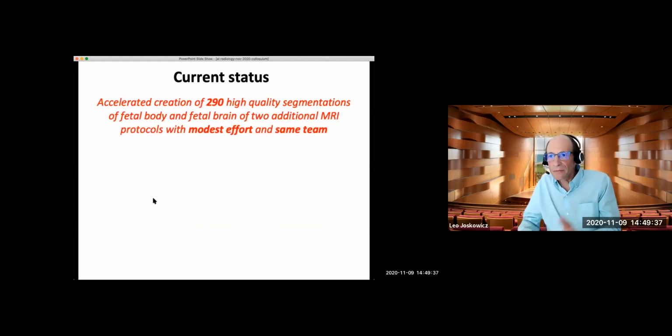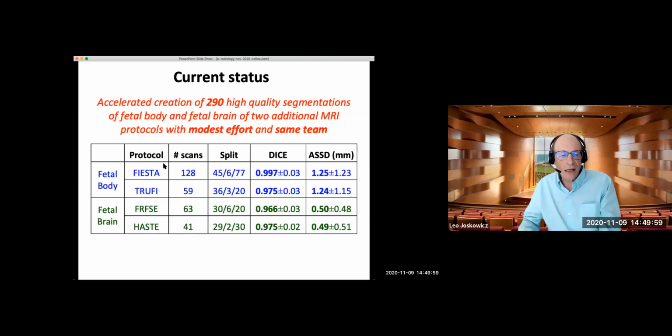Okay, so just to finish this part, now we have a network that has been trained for all 3 structures and have created 290 very high quality segmentations that have been approved by a radiologist with a relatively modest effort, because we didn't have to look at all the scans, and already extended this to the different protocols.